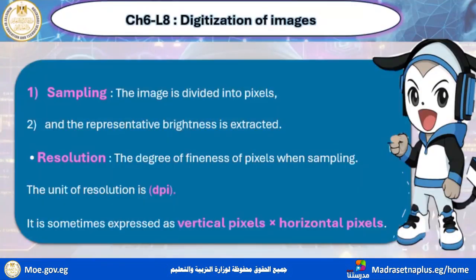Let's see in detail. The first step is sampling. What do we mean by the word sampling? Sampling means that the image is divided into pixels, and each pixel is represented by its brightness, which is extracted, meaning we have to show how the depth of color is extracted.